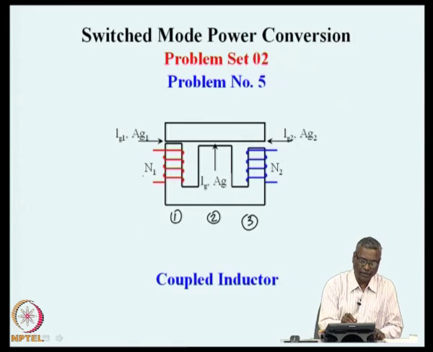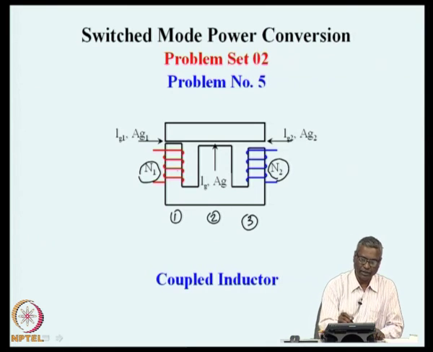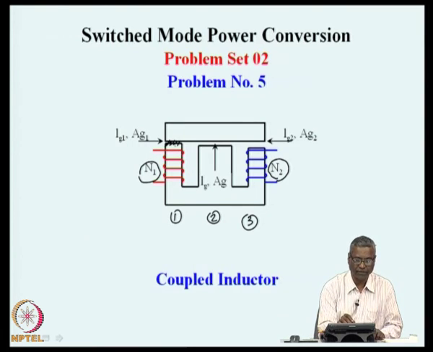There is a winding of N1 turns on limb 1 and N2 turns on limb 2, and limb 1 has a certain air gap Lg1 and an area of cross section of the magnetic path Ag1, and limb 2 has a slightly larger gap Lg2 with an area of cross section Ag2, and then the middle limb has an air gap of Lg and an area of cross section of Ag, as you see here.